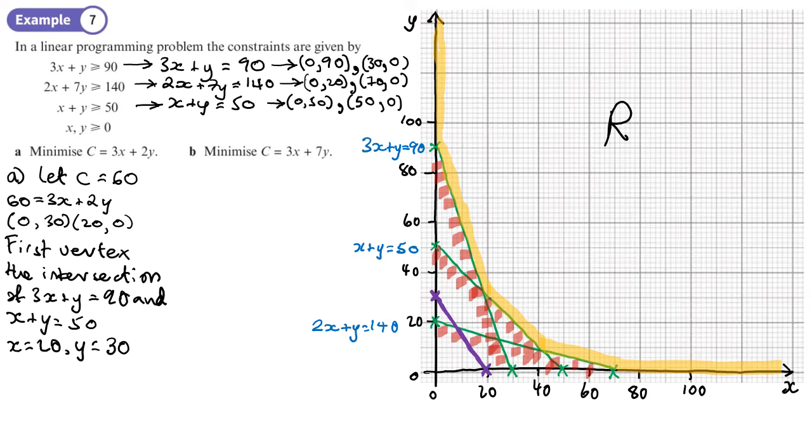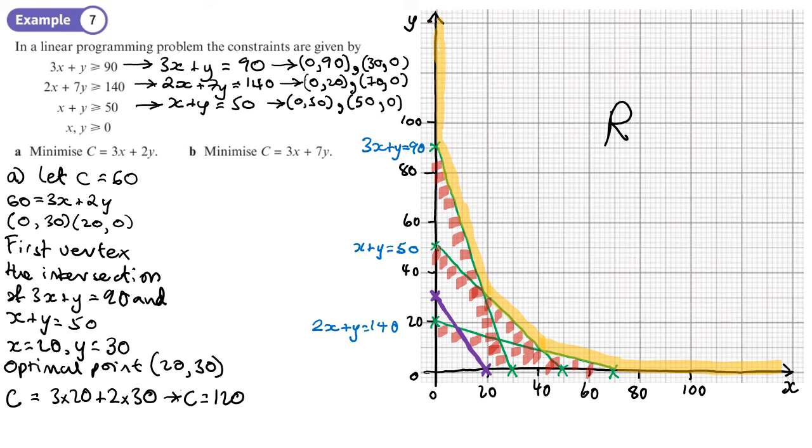Okay, so my optimal point is (20, 30), and if we minimize C, that's going to be 3 times 20 plus 2 times 30, so that will give us C equal to 120.